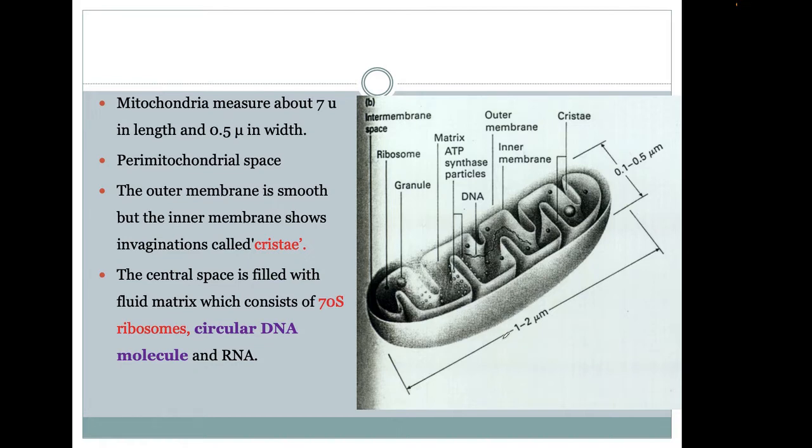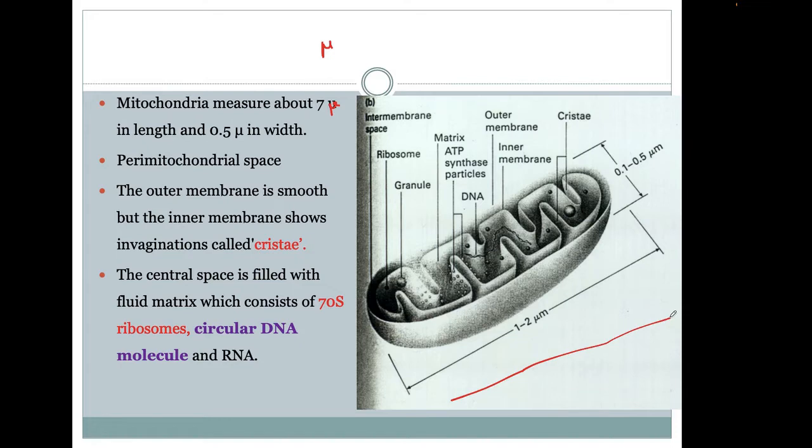Mitochondria measure about 7 micron in length and 0.5 micron in width.